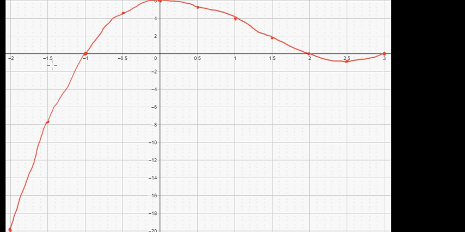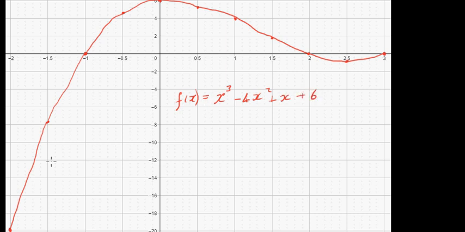Now just one last thing before I finish up. Let's say, for example, this is our function, f of x is equal to x cubed minus 4x squared plus x plus 6.